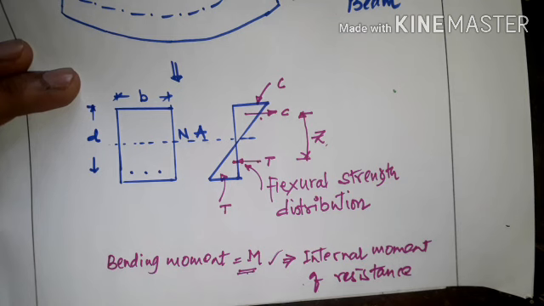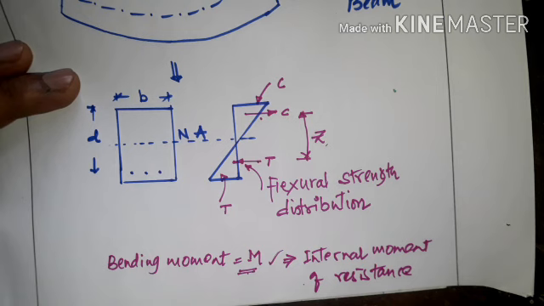The internal resistance developed by the material provided in this section is not capable to bear the external movement. So that is nothing but the internal resistance, or it is also called the flexural strength, or flexural strength is nothing but the bending strength.